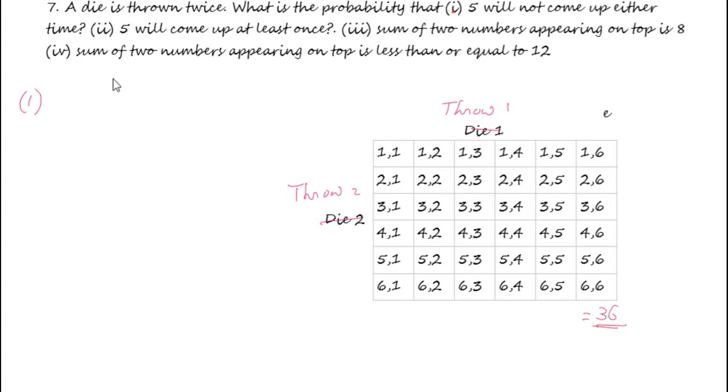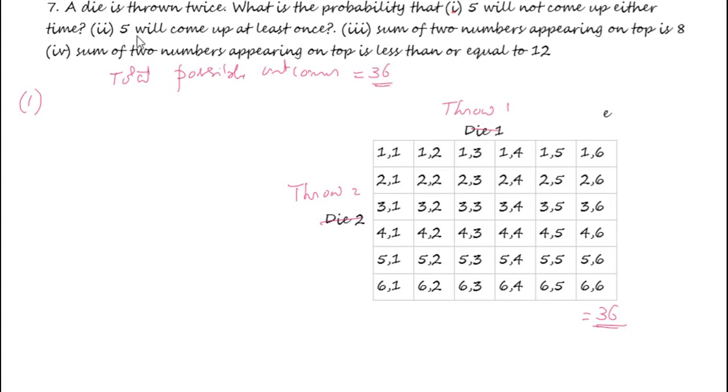So the total possible outcomes when a die is thrown two times, or 2 dice are thrown at the same time, is 36.